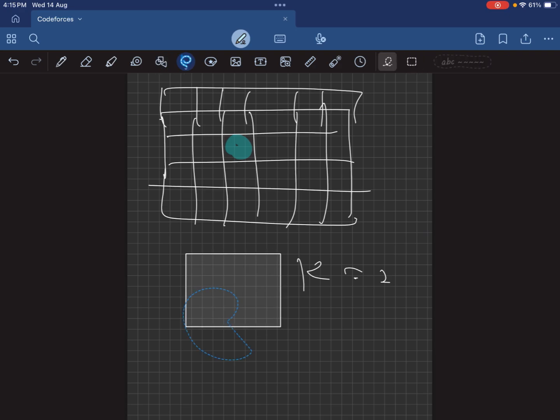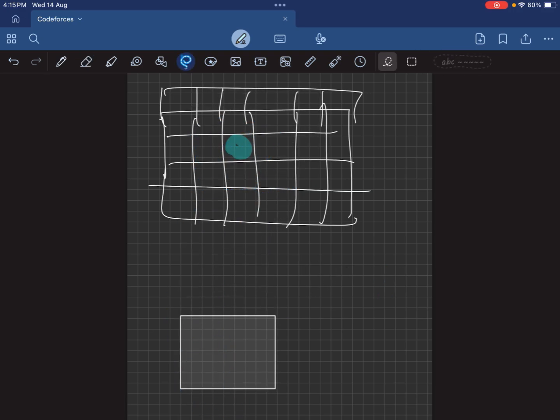This was the first subgrid it would be a part of, and if we keep sliding it down, 1 2 3, vertically it will be part of 3 subgrids, and horizontally it will be part of 1 2 3 subgrids. So the total number of subgrids it will be a part of is the number of vertical subgrids multiplied by the number of horizontal subgrids. So it will be a product of two numbers.